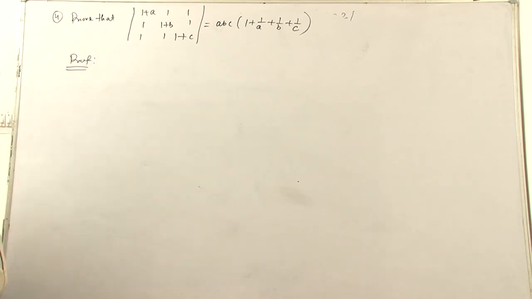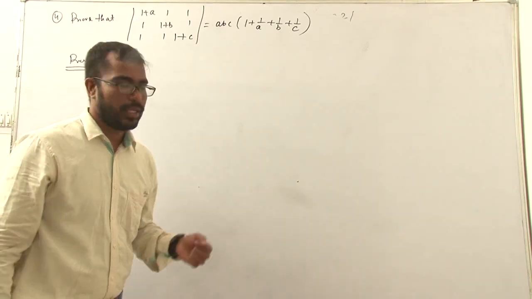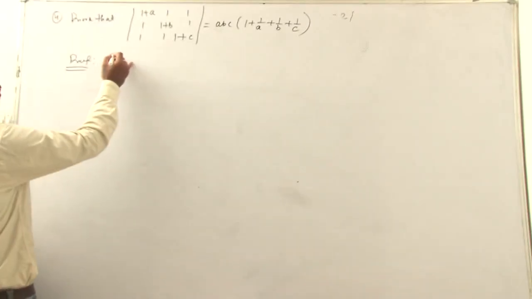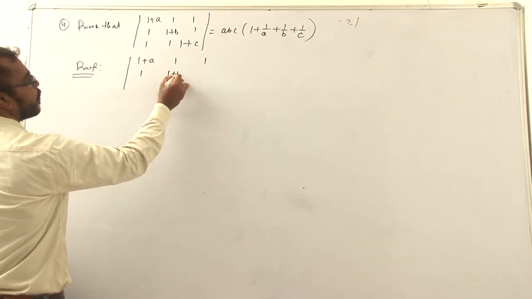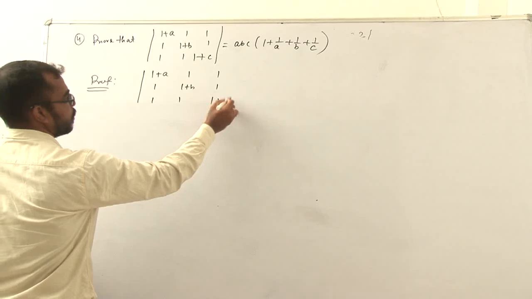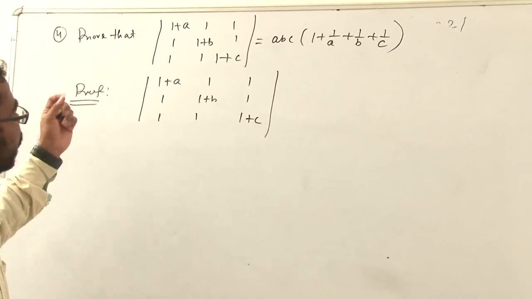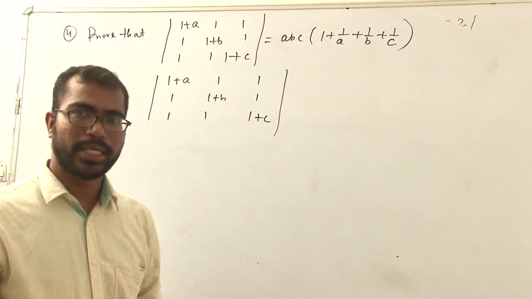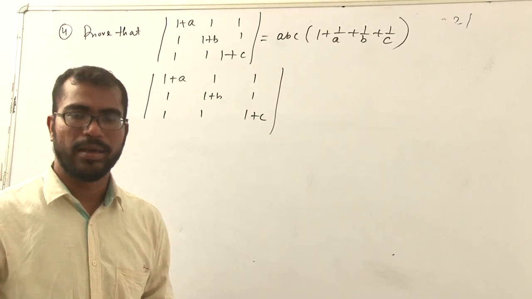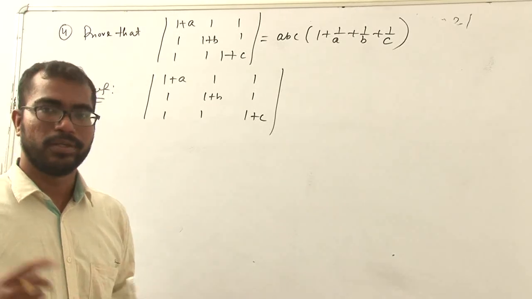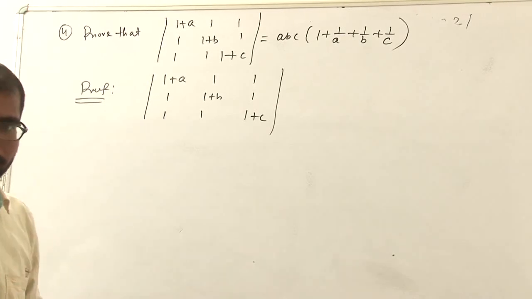According to the question, we have to prove this. So we take the LHS and get the result of the RHS. Here the LHS is 1 plus A, 1, 1, 1 plus B, 1, 1, 1 plus C. In this question, it is not specified whether to use the without-expanding or the expanding method, so you can apply any of these methods. In this problem we apply the expanding method.